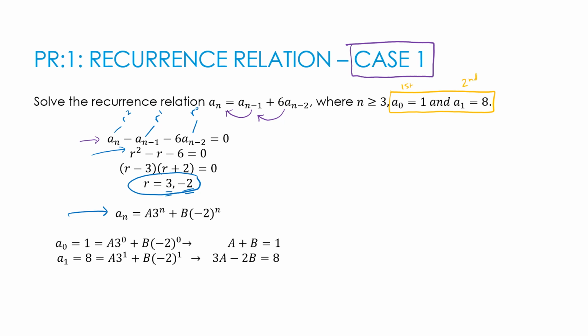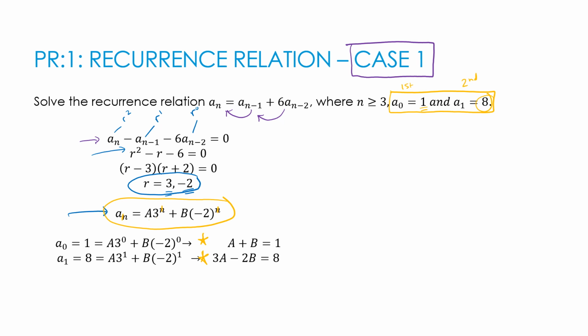So I'm taking this and basically replacing n with 0, which is equal to 1. A sub 0 is 1, which means a times 3 to the 0, and then b times negative 2 to the 0. Reducing that, I come up with this first equation. Then I do the same for a sub 1. So I've got a sub 1, which is equal to 8, is a times 3 to the 1st plus b times negative 2 to the 1st, and that gives me my second equation.